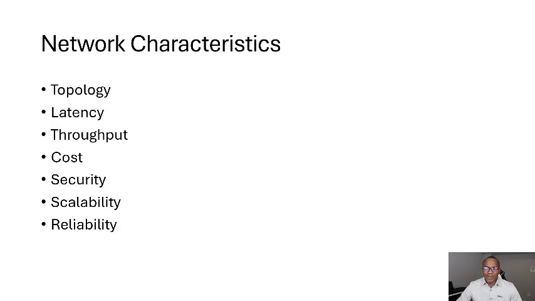So, what are the basic characteristics of a network? First thing is topology. Topology is simply how devices are connected to each other. It is the arrangement of devices and how they are connected in a network. And the next one is latency.